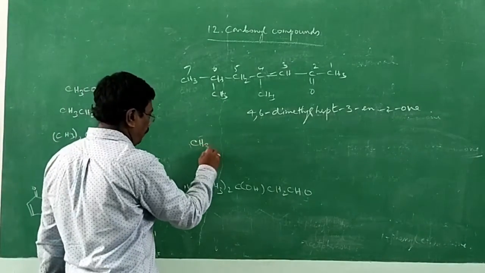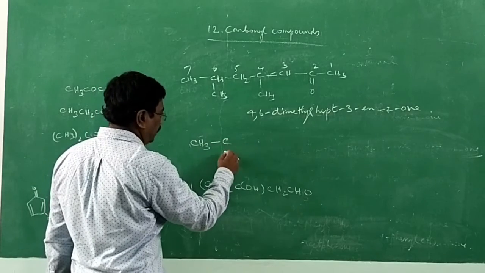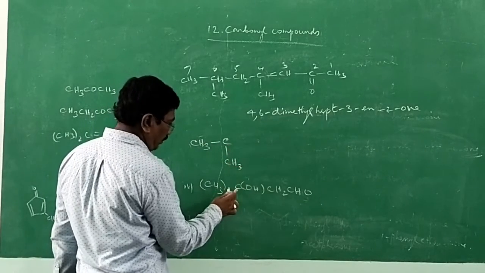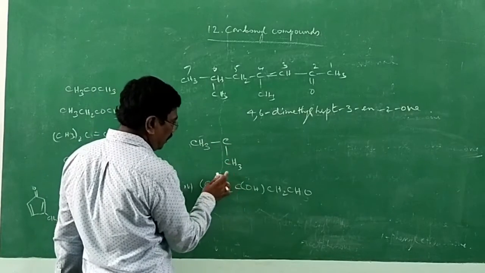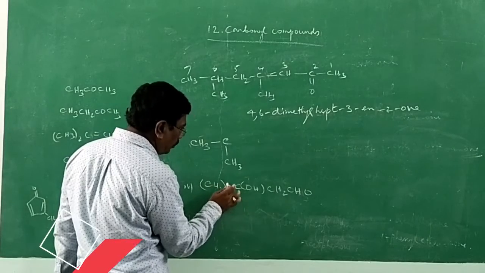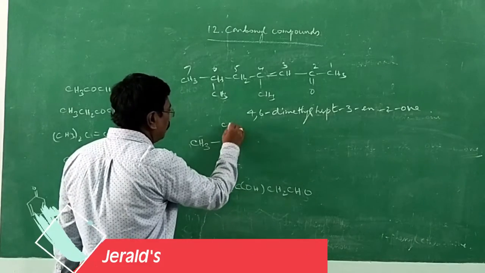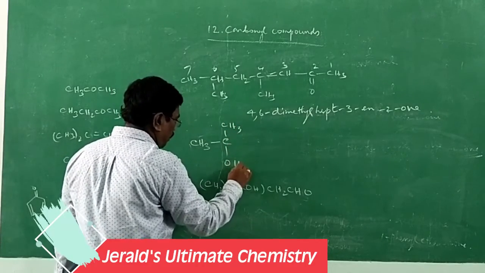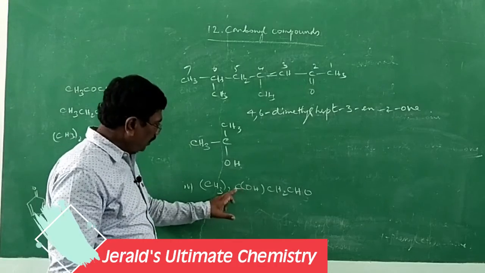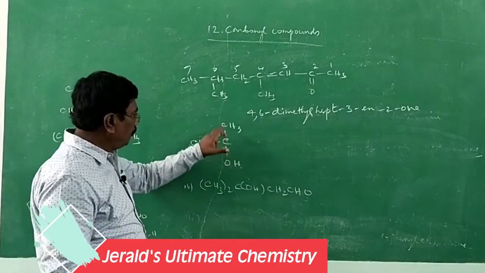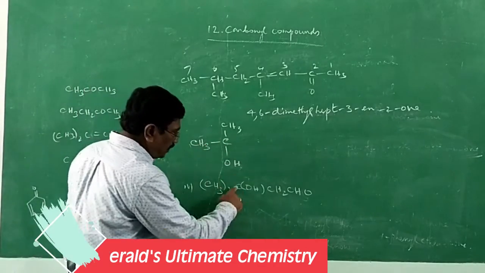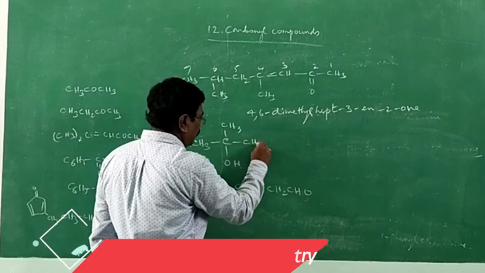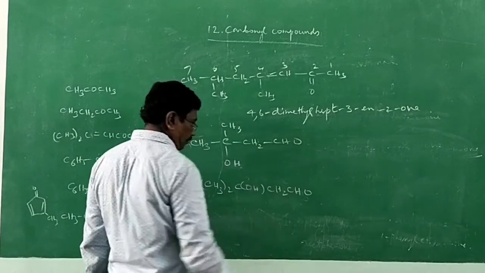CH3, CH3, with the same carbon OH, so I may write CH3 above and OH I can write at the bottom. With the C, OH, with C2 methyl, with C2 methyl and OH. With the same C, CH2. That you should understand.